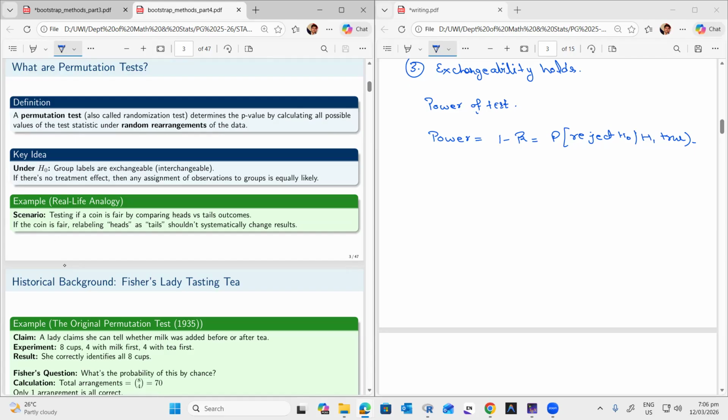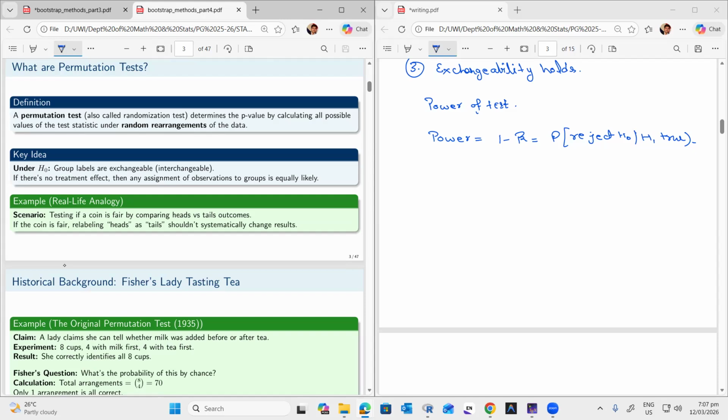This permutation test was given by R.A. Fisher in the 1930s. The idea behind it was to test non-parametric two-sample problems and resampling, which will include the bootstrap methods.